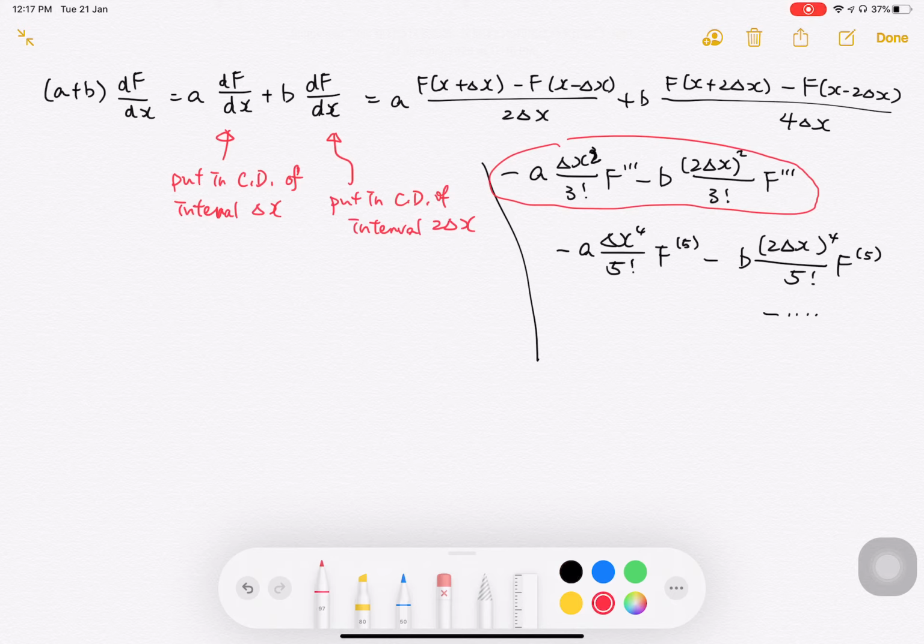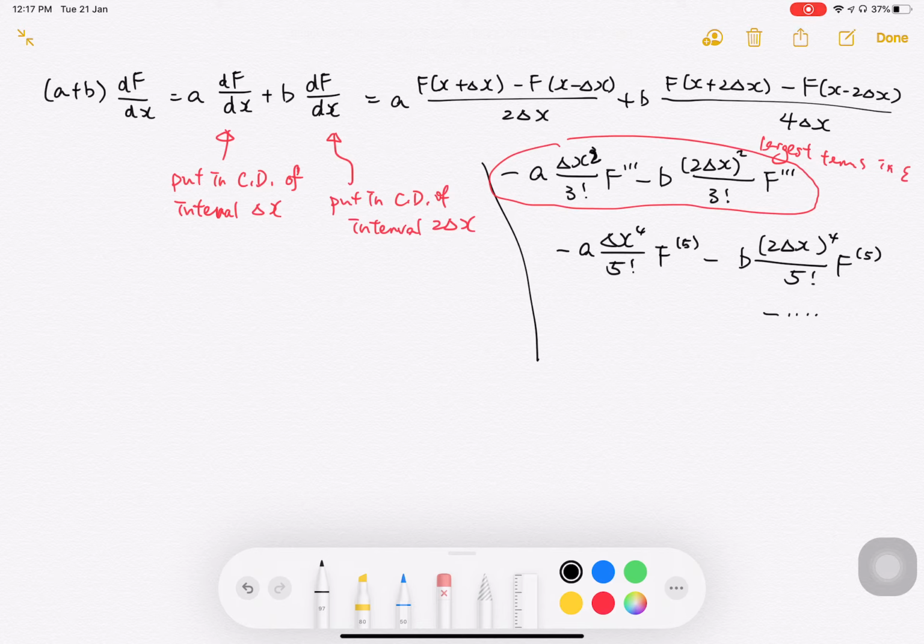Sorry about that. Okay. We want to remove this because this is the largest term in your error. Okay. So how do we do that?